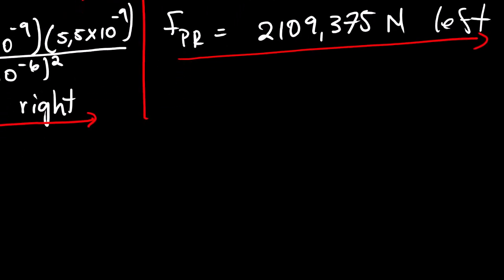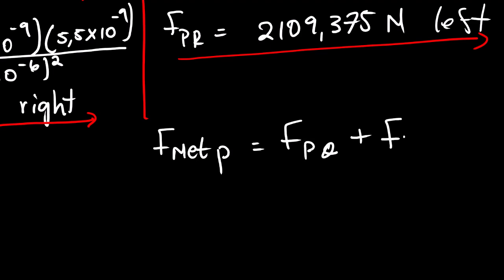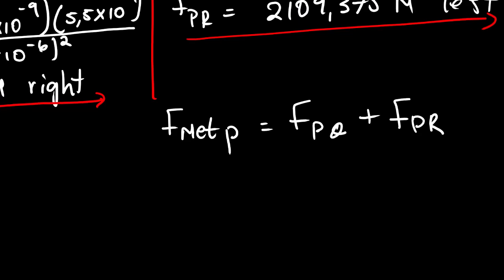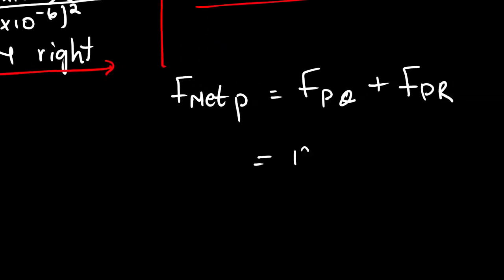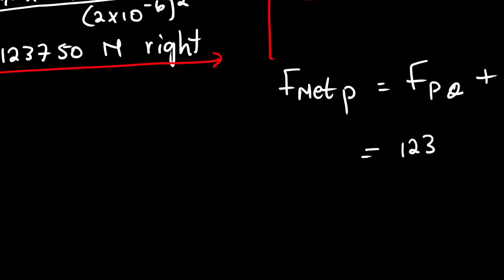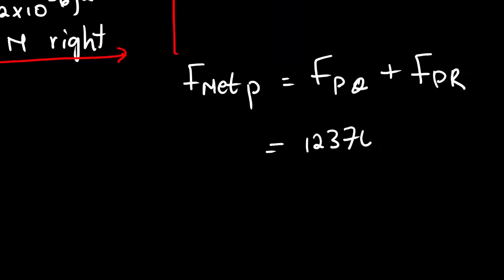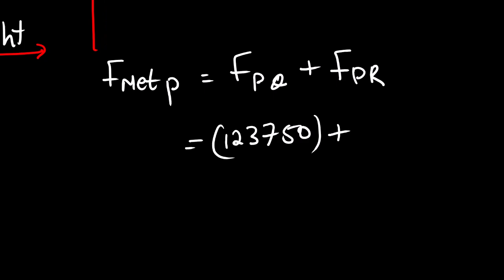Now we need to calculate F net on P, which is equal to FPQ plus FPR. For FPQ we take right as positive, so it's 123,750. It will be a positive term since we take right as positive.